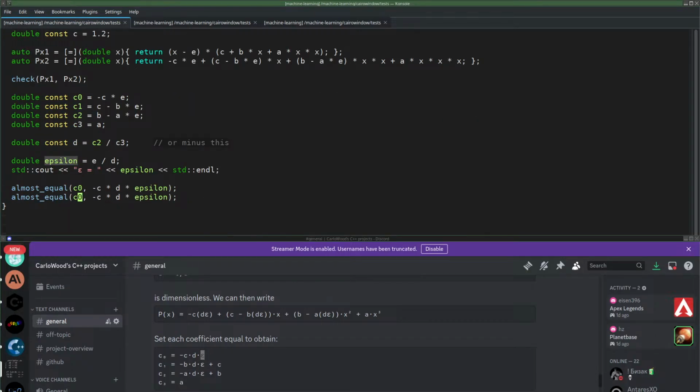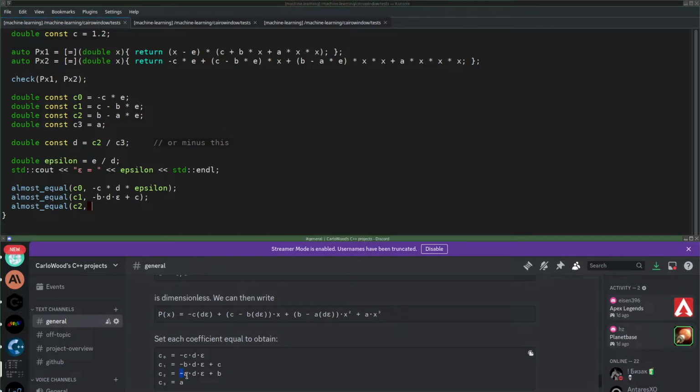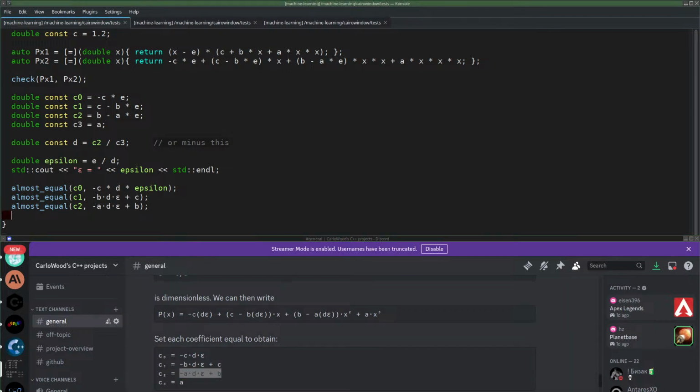Almost equal C1. That would be this one. Can't make any errors if I just copy paste it. Almost equal C2. That would be that. And almost exactly equal C3, comma A. This becomes a multiply. This becomes a multiply. And this becomes epsilon.